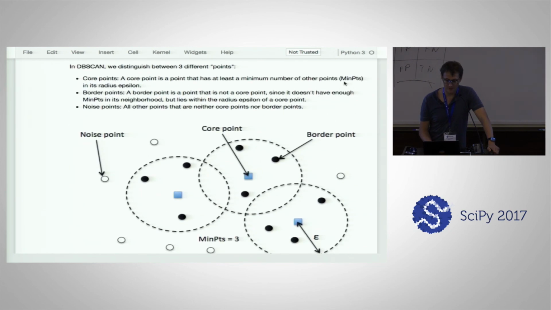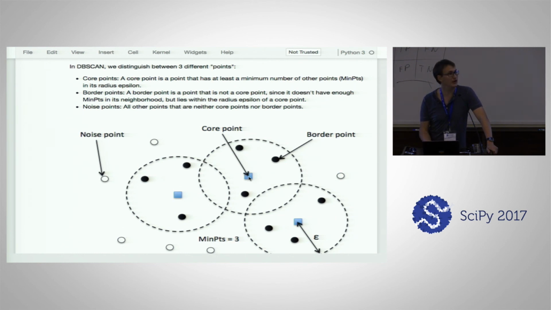So here, if I, for example, say min points is equal to 3, this point here that you see, the blue square, is surrounded by 3 points that are within a certain radius. So this is going to be a core point. Basically, it has enough samples at a minimum distance, user provided.